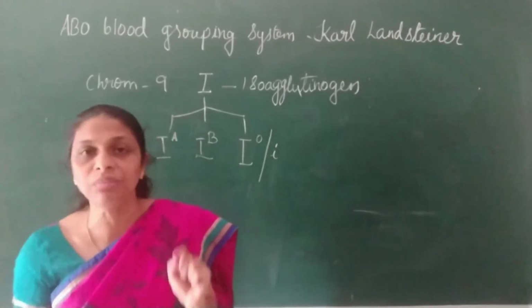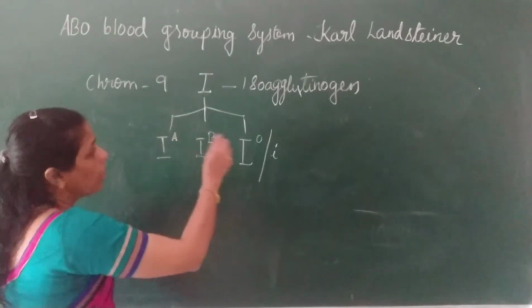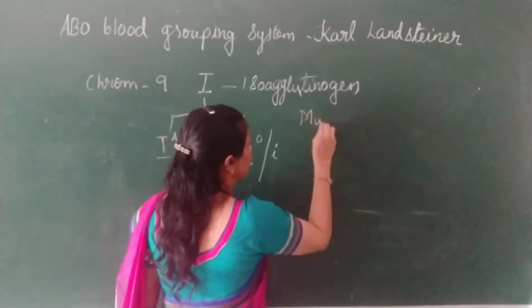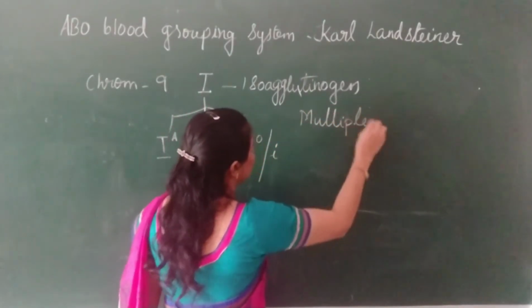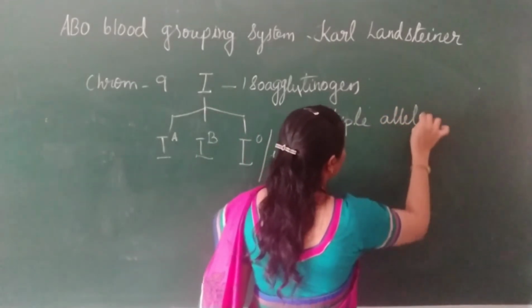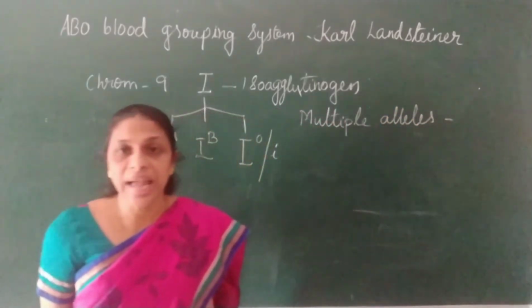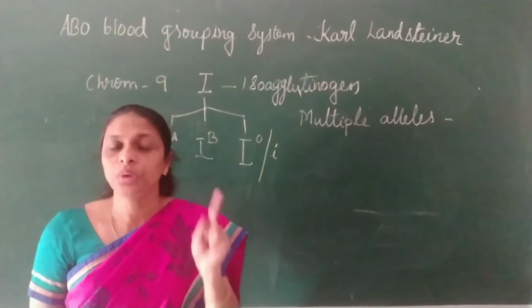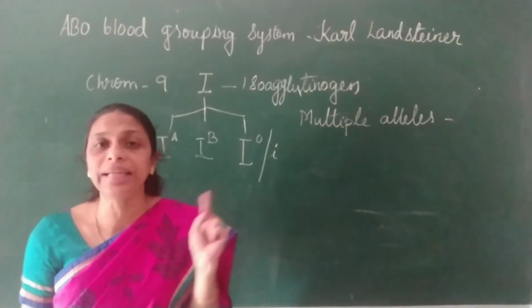So one more term that you have to study here is multiple alleles. What are multiple alleles? The definition for multiple alleles: a gene which has more than 2 alleles for a single character.